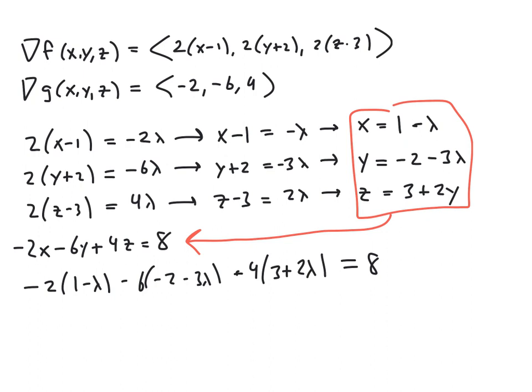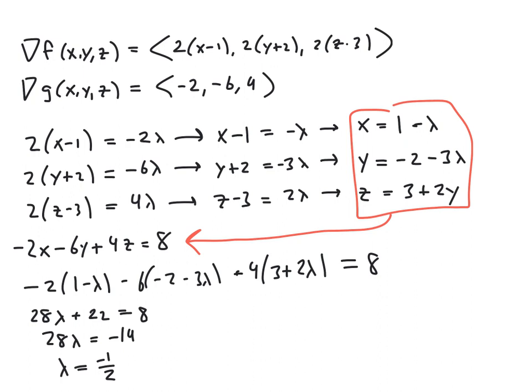So when we distribute all the terms on the left-hand side and we combine all those like terms, what we will end up with is 28 lambda plus 22 equals 8, which means we have 28 lambda equals negative 14, and therefore lambda has to equal 1/2. I'm sorry, negative 1/2. Okay.